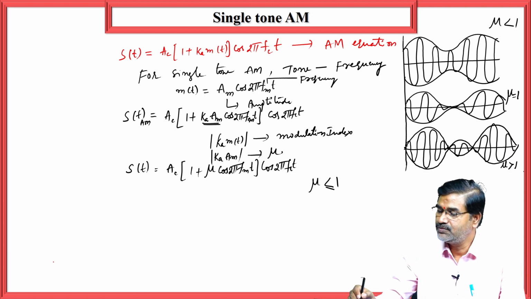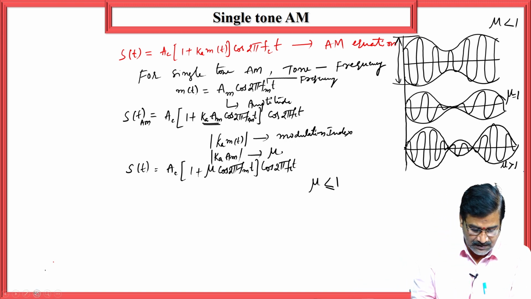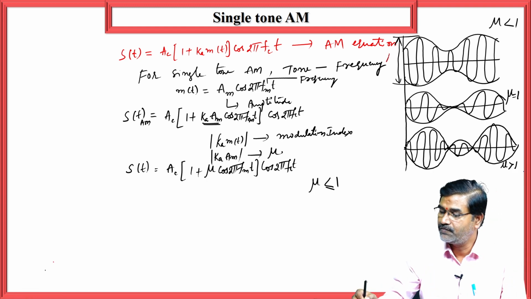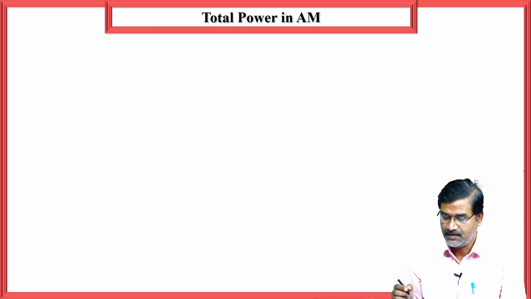Now, assume this is the maximum value of your modulated signal, A maximum, and this is the minimum value of the signal, A minimum.